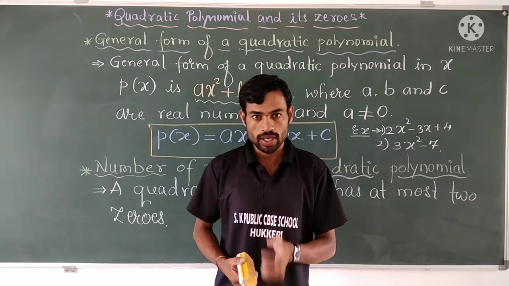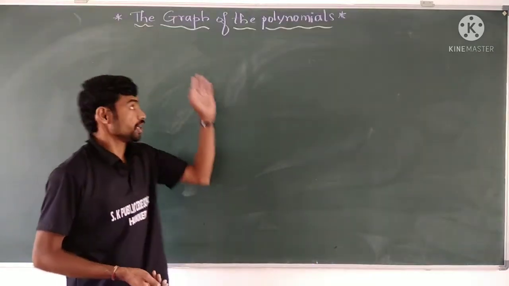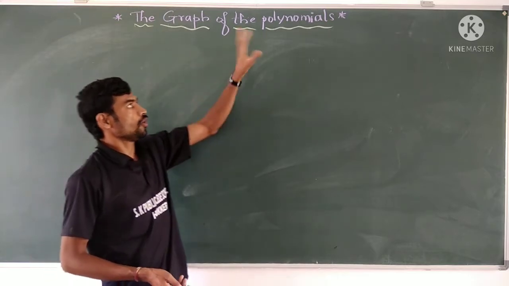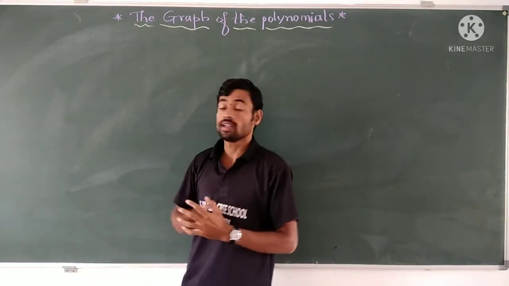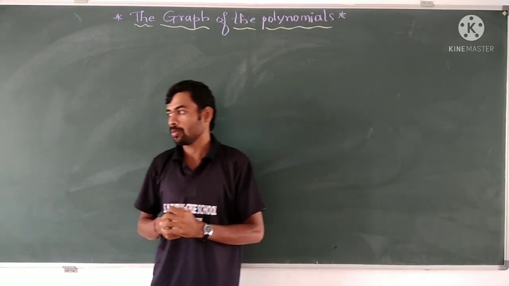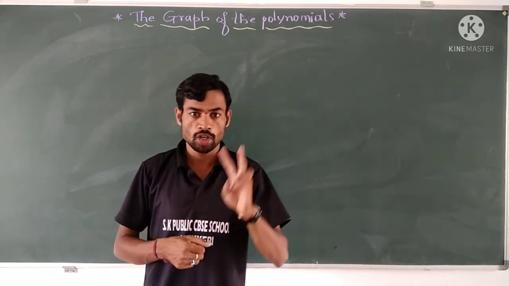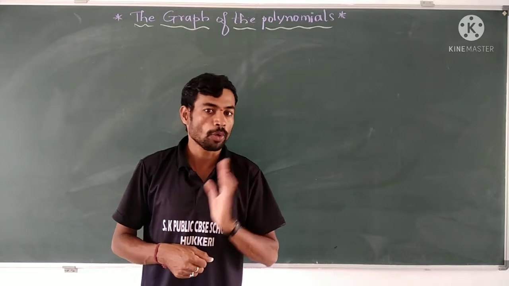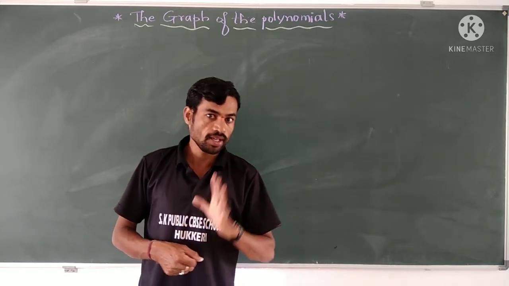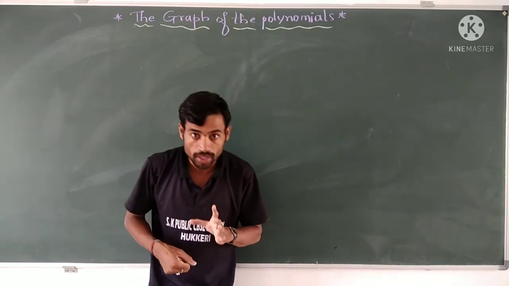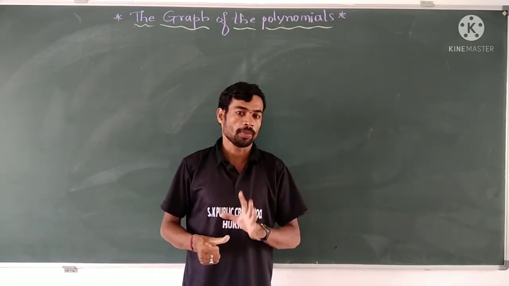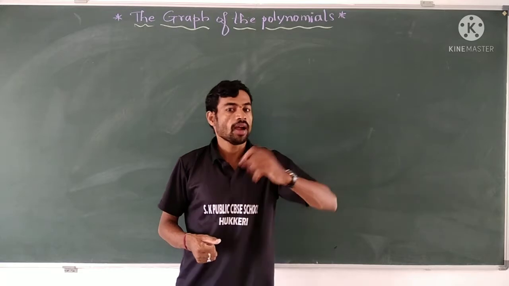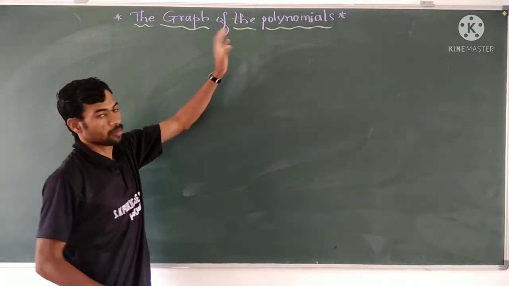2 zeros. Okay? Understood? Now see here the graph of the polynomials. Next we have to see the graph of the polynomials. We have already discussed 2 types of polynomials: one is the linear polynomial and another one is the quadratic polynomial.